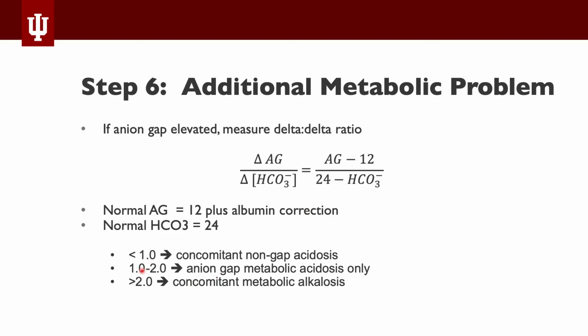If the ratio is greater than 2, then that tells us that the bicarbonate has not decreased as much as we would expect. And what metabolic processes result in a high bicarbonate? It's a metabolic alkalosis. So again, less than 1, you have 2 metabolic processes, both a gap and a non-gap acidosis. Greater than 2, you have 2 processes, a gap acidosis and a metabolic alkalosis.